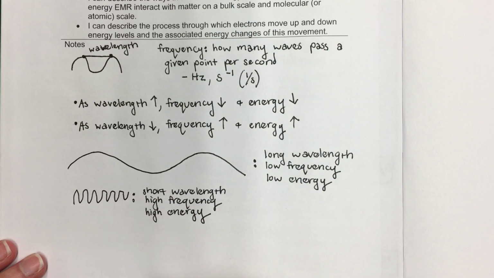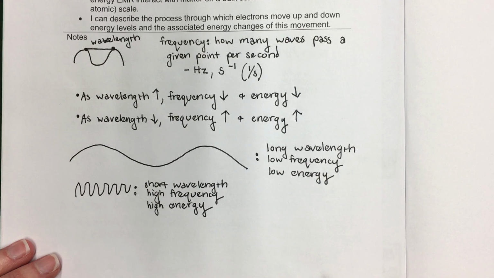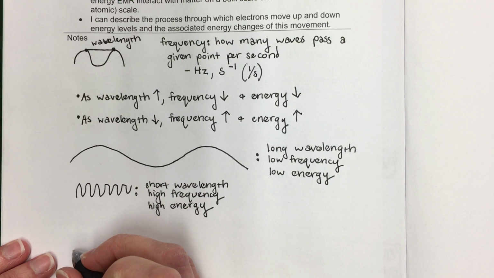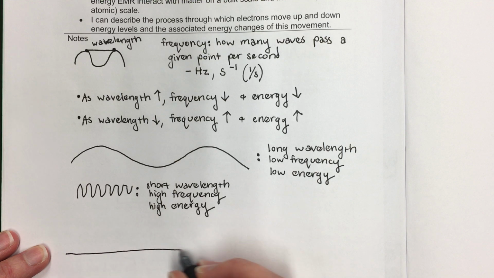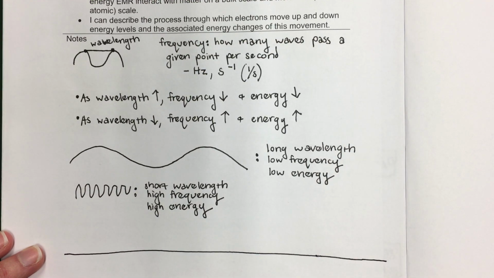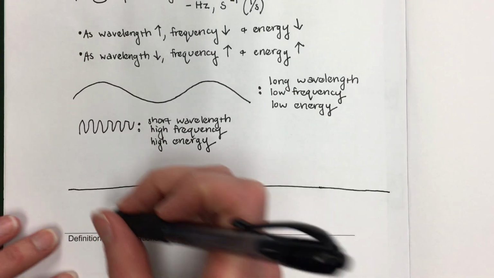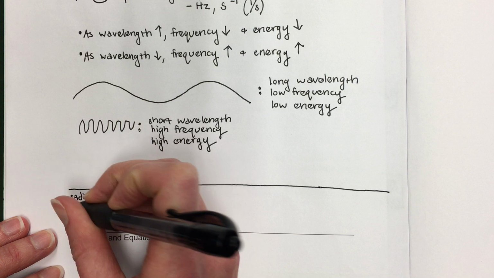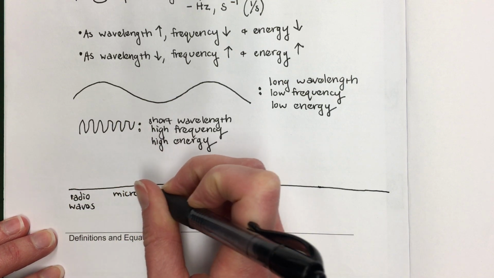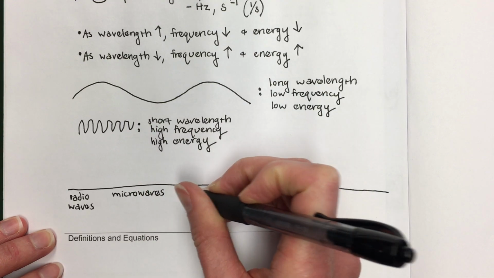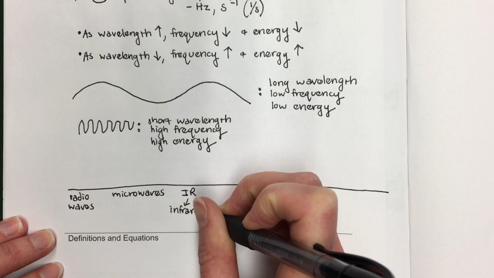Okay, so last thing we need to write down on here, you need to be familiar with what is called the electromagnetic spectrum. And so you probably have learned this at some point before in your life. This is all the different types of electromagnetic radiation. So it starts down here with radio waves, and then we have microwaves, and then IR stands for infrared radiation.